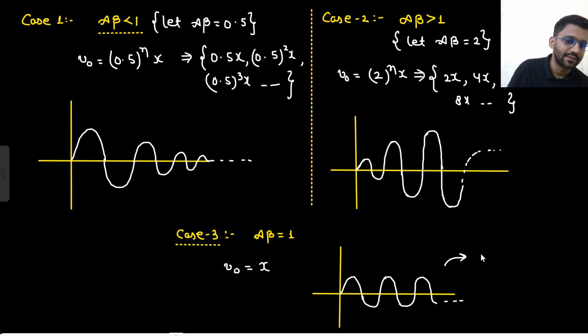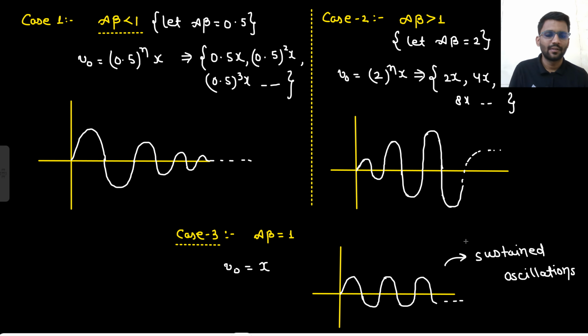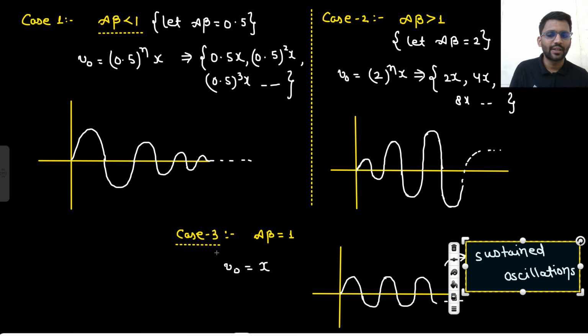Here you are getting sustained oscillations, right? Because you are always getting a constant output that was X. After the loop, you had a constant output that was X.